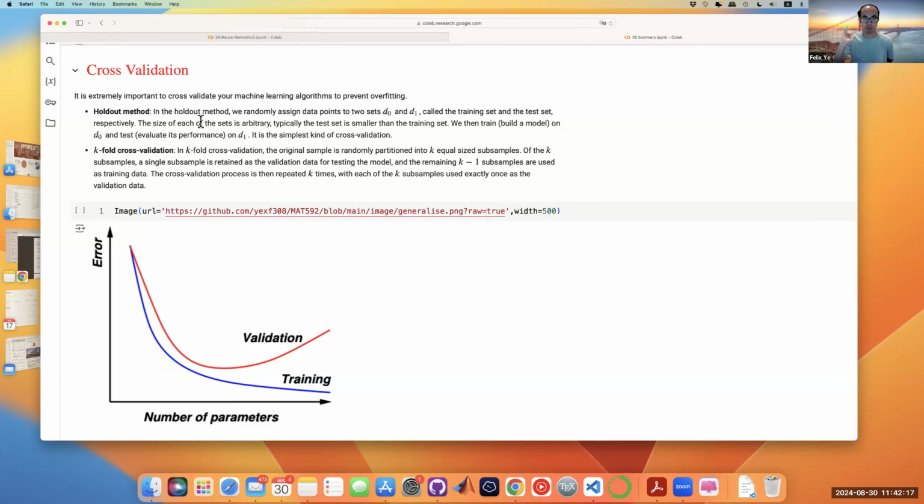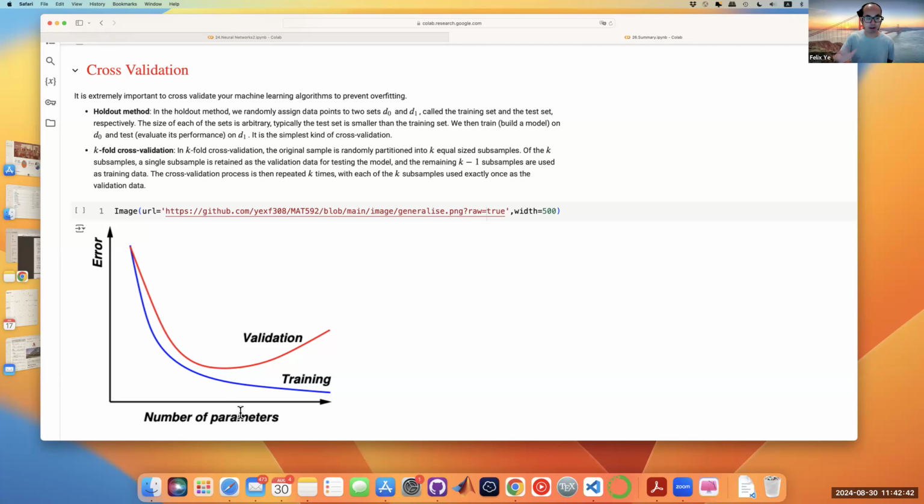The size of each set can be arbitrary, but usually the test set will be smaller. The whole idea is we train our models on the training set and evaluate the performance on the testing set. This is the simplest kind of cross-validation you can think of.